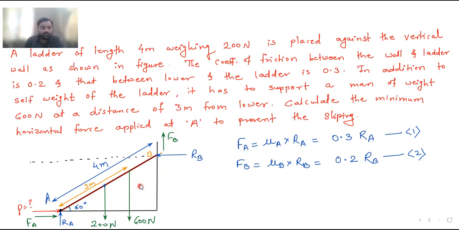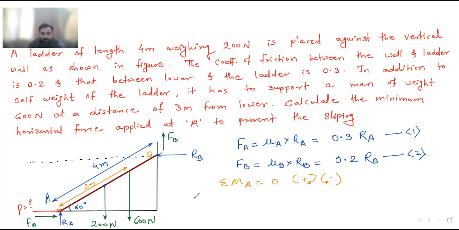Okay, so now we will solve this. We will take the moment about A equal to 0. Clockwise forces plus, anti-clockwise forces minus. So now if you take the moment of all the forces at this point, these 3 will become 0.